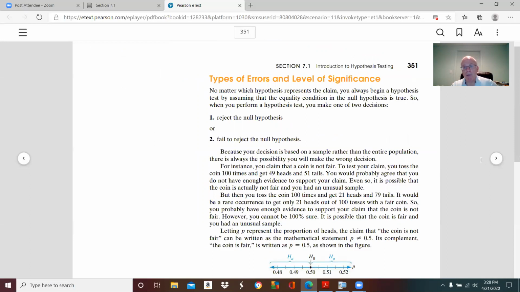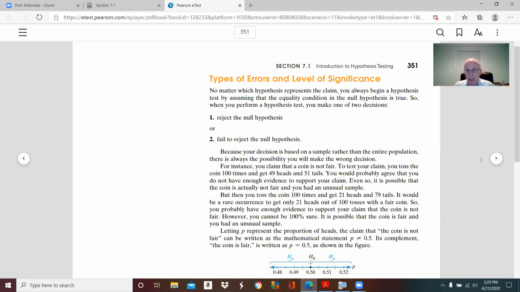Now, when we do a test, we're going to come up with one of two decisions. All right? Typically, the null hypothesis is the hypothesis that may have something to do with a current reality, current situation. And the alternative hypothesis is what the researcher is trying to determine. So there are two types of decisions that we will make when we do a hypothesis test.